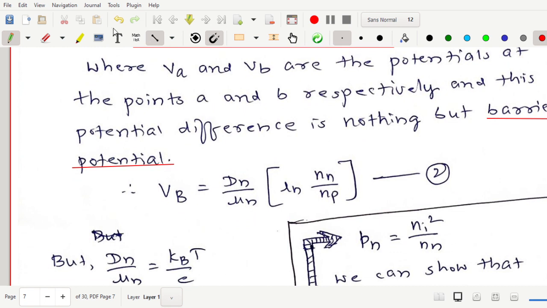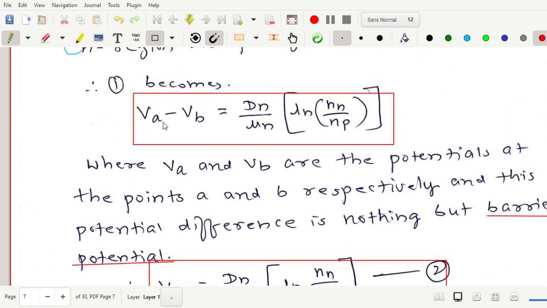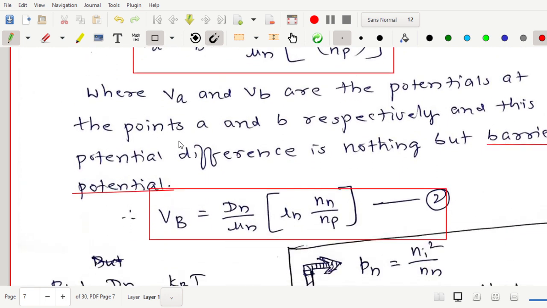So this equation we get as equation number 2. We have denoted the barrier potential with VB.